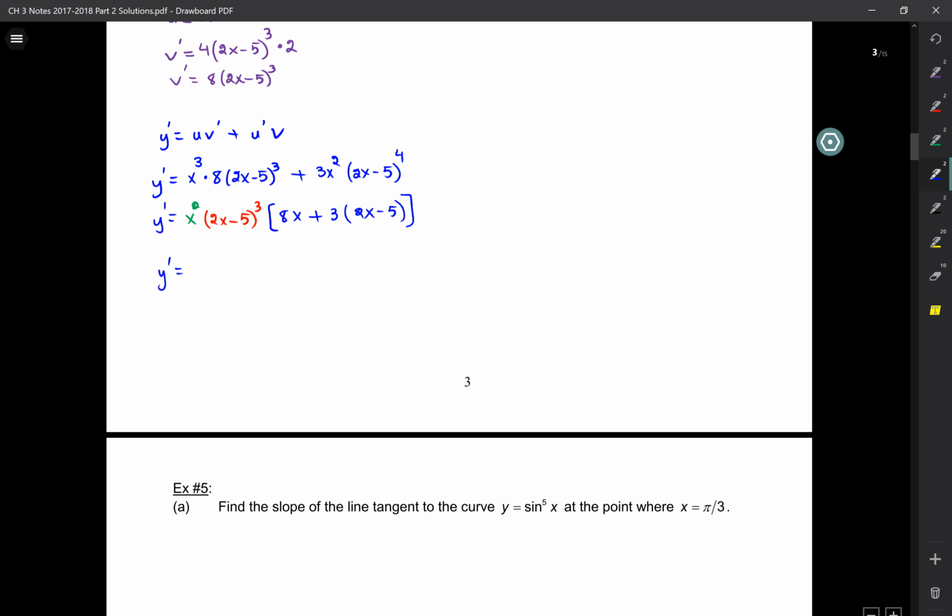So this is x squared 2x minus 5 cubed times 8x plus, I'm going to go ahead and distribute the 3. Because look at what will happen now. More things will combine. X squared 2x minus 5 cubed times 14x minus 15.